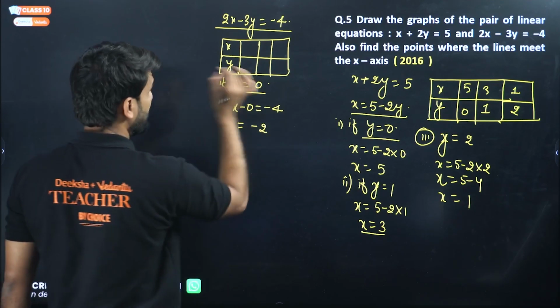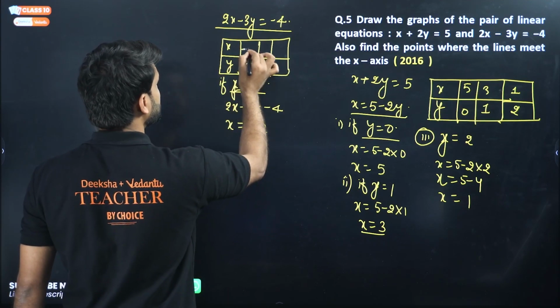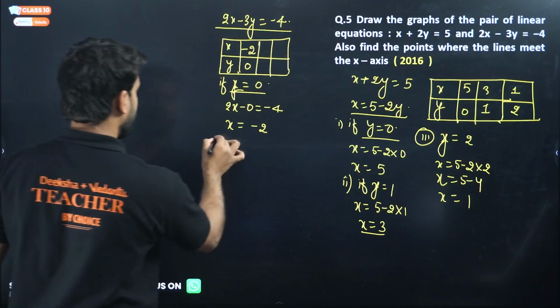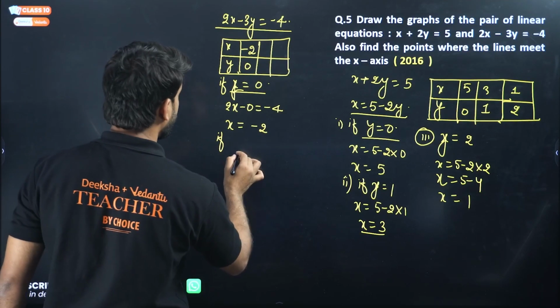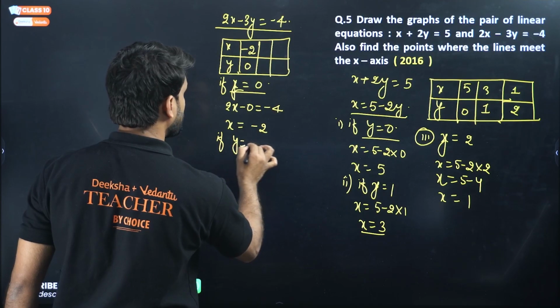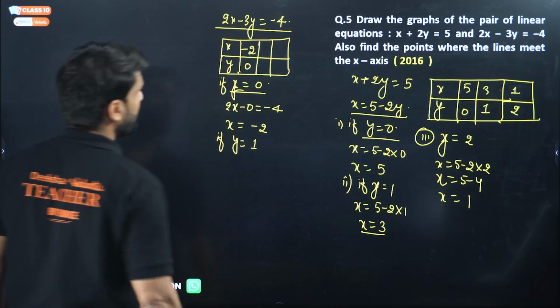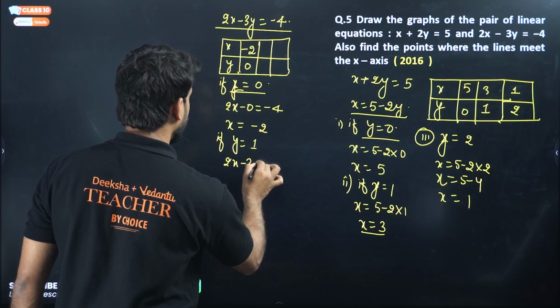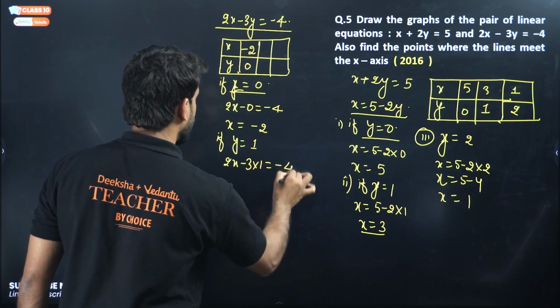Right? So on putting y as 0, we are getting x as minus 2. I hope this is clear to you everyone. Now if y equals 1, what will be x? 2x minus 3 into 1 equals minus 4.